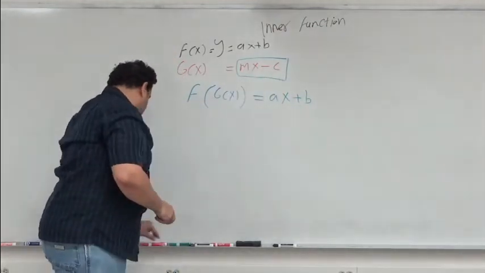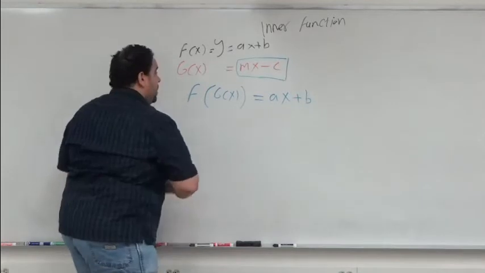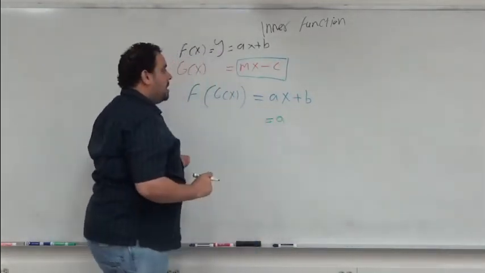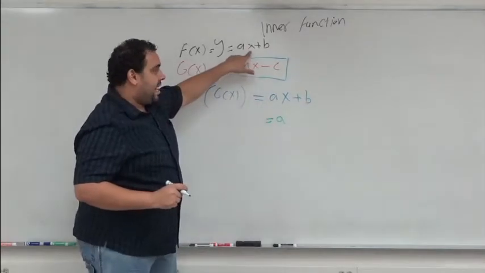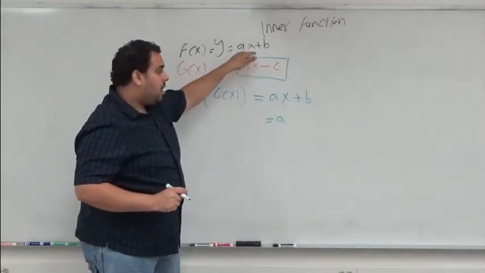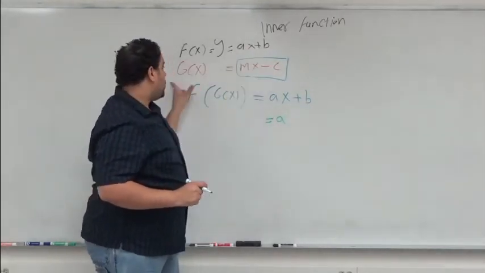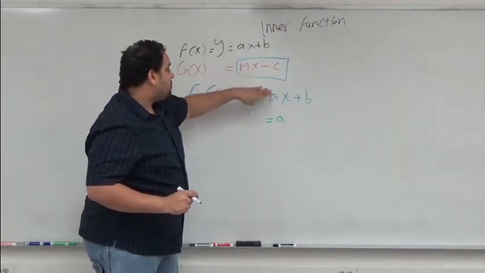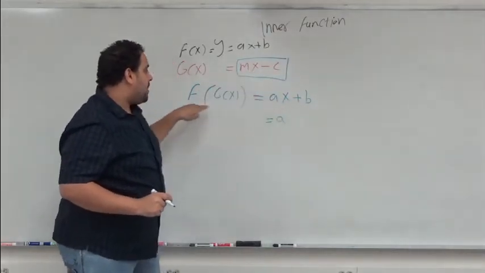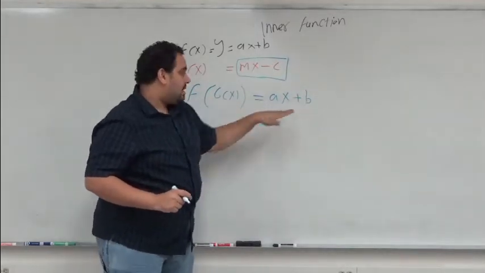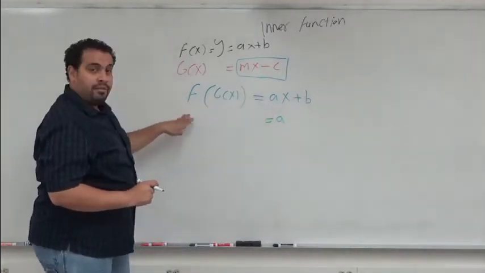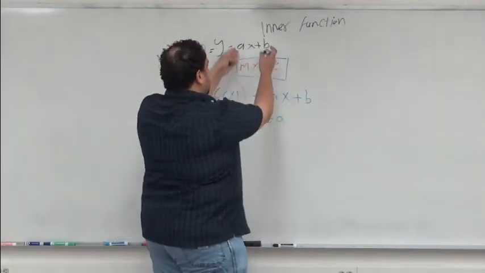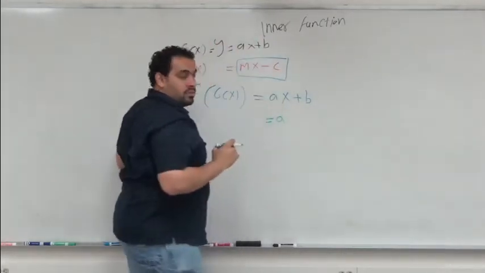I said I will replace the x from the f with the whole g of x. So you rewrite the f of x function as it is. We put the f of x, then we put g of x, and on the other side, f of x equals this expression here.